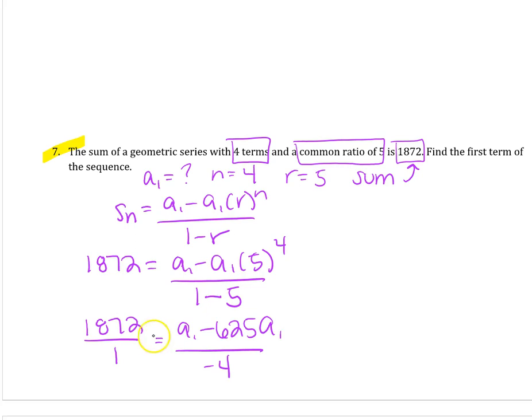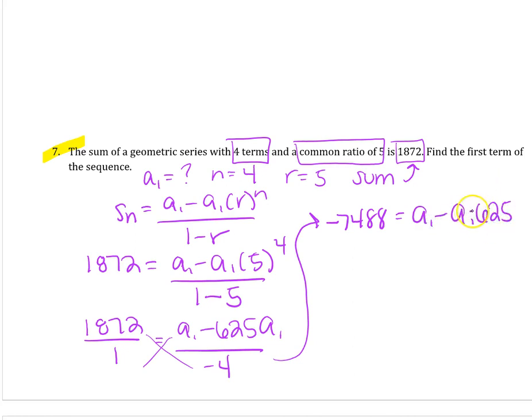From here, I'm going to cross multiply to get rid of the fraction. I'll write it this way. Okay, so now this is the part where students get stuck.